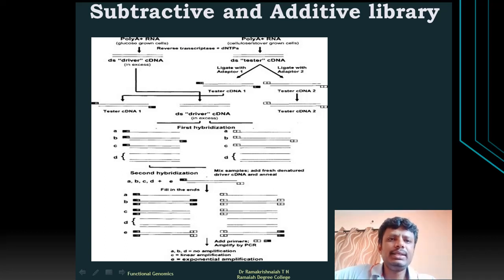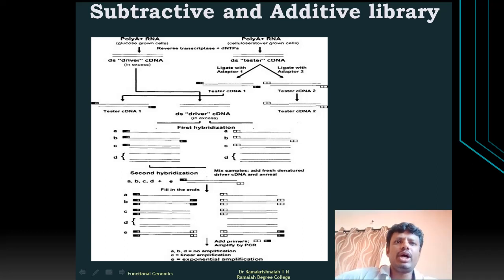Slightly interesting what we have to do: if you have two different types of arrangements in the RNA sequence, and we want to separate them, we use this methodology. For this, two populations are required. One is the tester, another one is the tracer or driver, which contains the target nucleic acid.